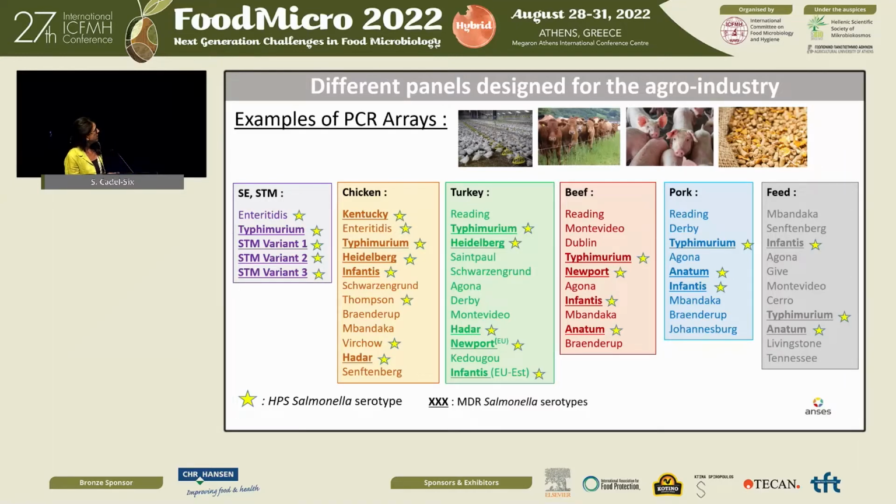For example, here we target serotypes that are prevalent in chicken or turkey, or beef sectors, pork, or feed. And stars indicate multi-drug resistant serotypes, and the highly pathogenic serotypes are underlined.